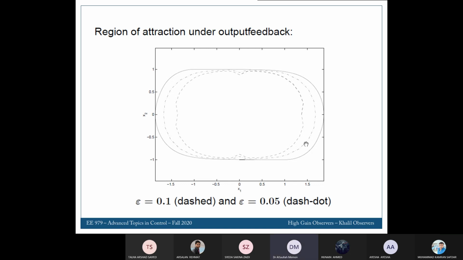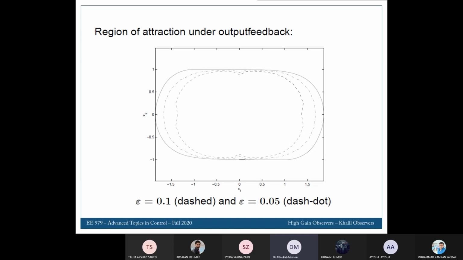If it is 0.05, more. If we can reduce epsilon even further, instead of 0.05 we can make it 0.01, and probably we'll end up here.